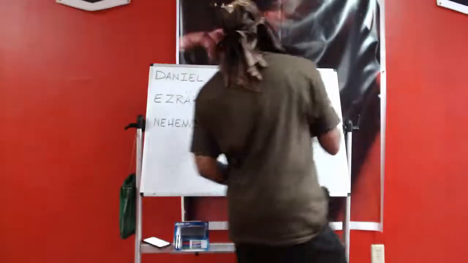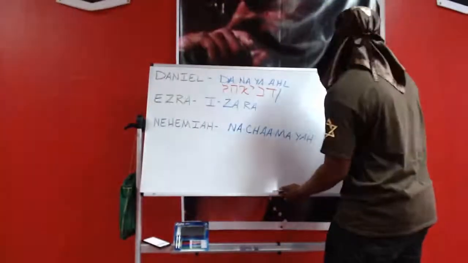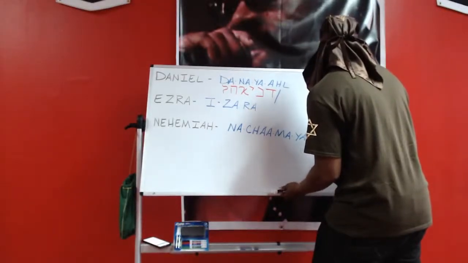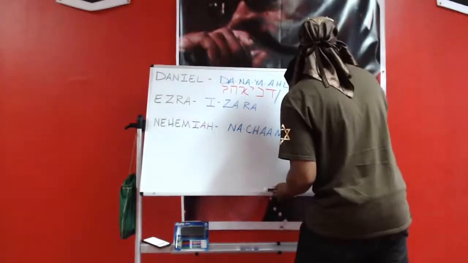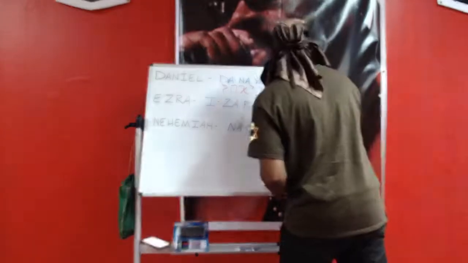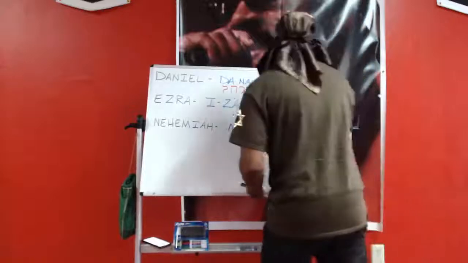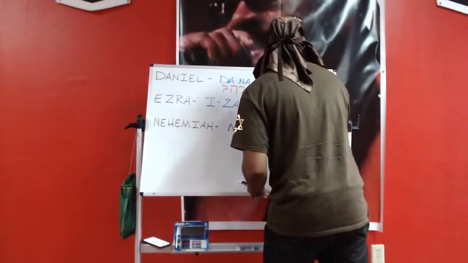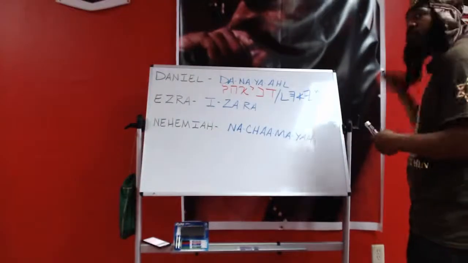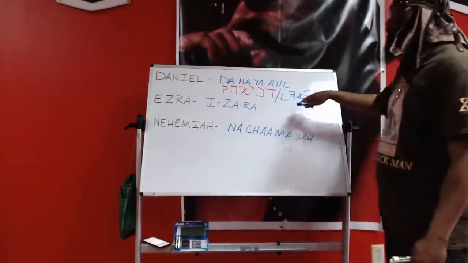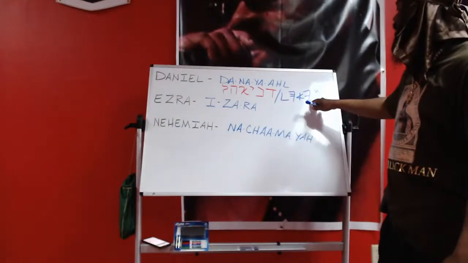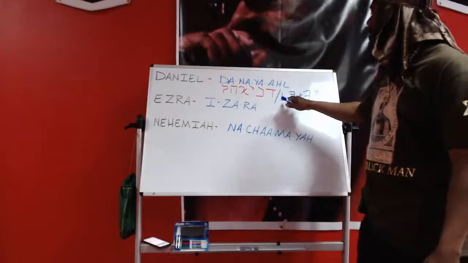Ancient Hebrew is going to look extremely different in the text. Again, same letters: we have the Da, Na, Ya, Ah, Ha, and then La.